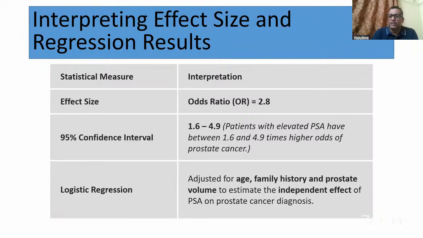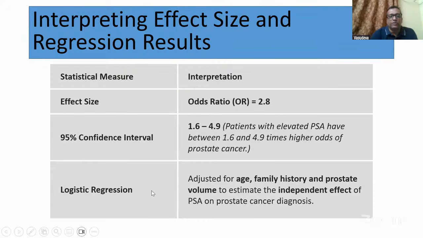So we can say that those with elevated PSA have between 1.6 and 4.9 times the odds of prostate cancer. The 2.8 means that someone who has an elevated PSA value will have 2.8 times the chance of getting prostate cancer as compared to a normal PSA level. PSA level has been categorized as normal and elevated, and we compare the chance. This we call the odds ratio. It's the effect size, and again I have given the 95% CI.